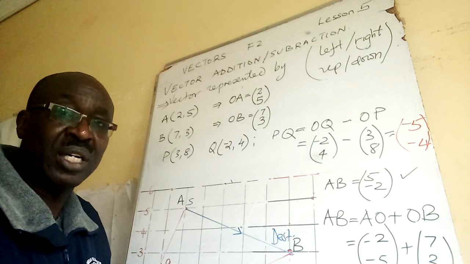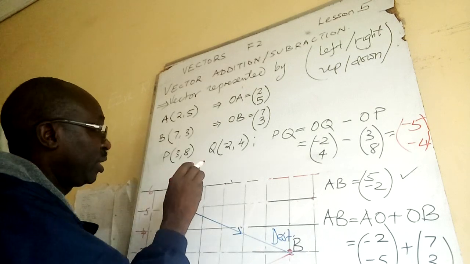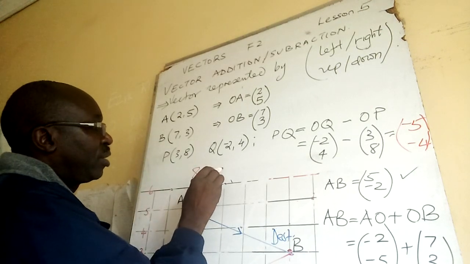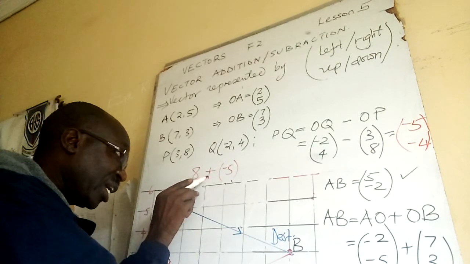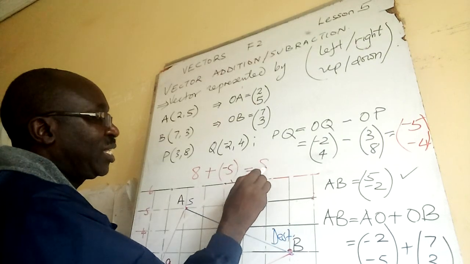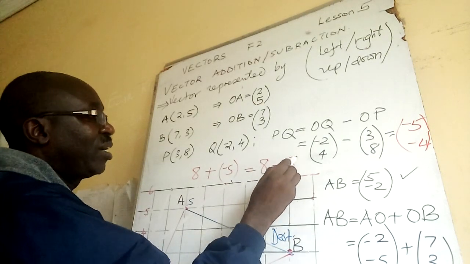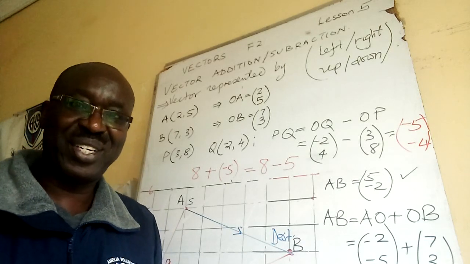Just like I would tell you, 8 add -5. It is addition, but it has subtraction in it. In other words, I can write just 8, take away 5. See? That's why we start with addition.